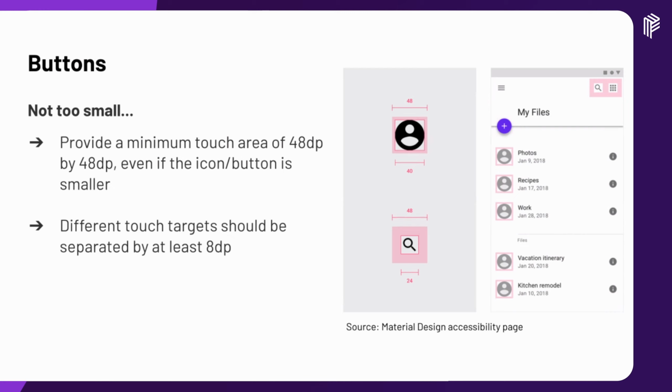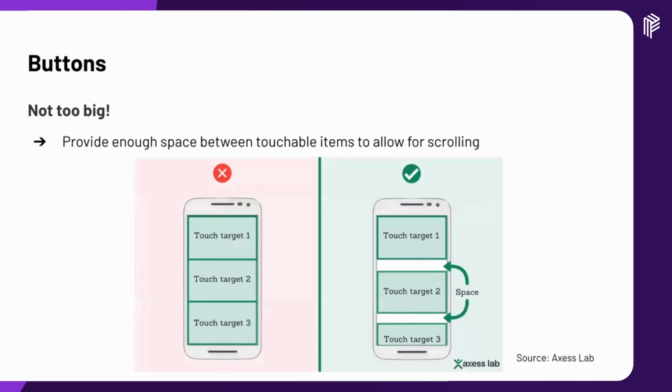And then also ensure that they are separated by at least 8 density independent pixels. But also it's really important that they are not too big and cramped one after another, because it's important that our apps have some space that is non-touchable to allow for scrolling. Why is it?